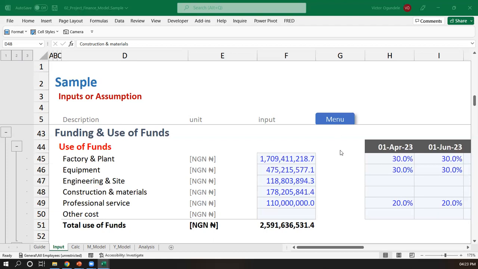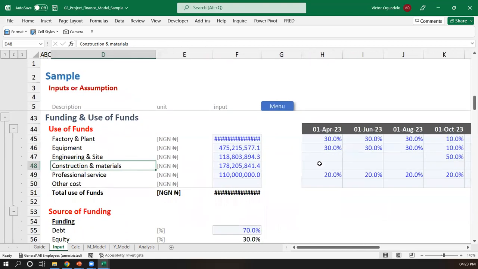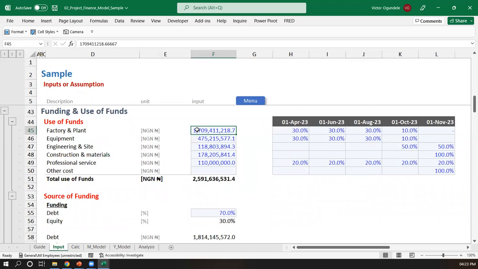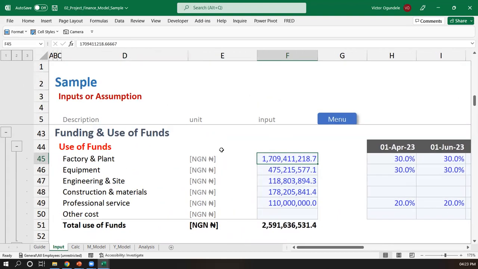Now, once you do that, because we always build it in phases, you must be able to list how you plan to use the funds as well. For example, this project is saying, for our factory and plant, it's going to cost us 1.7 billion. Now, it's not as if the financier will just give you the whole money at once.